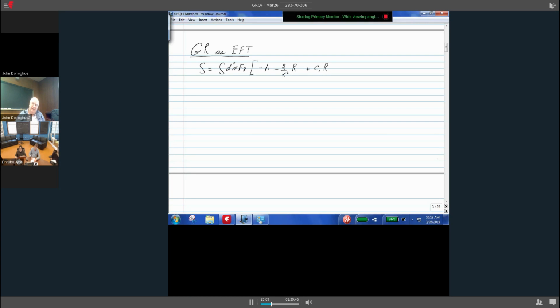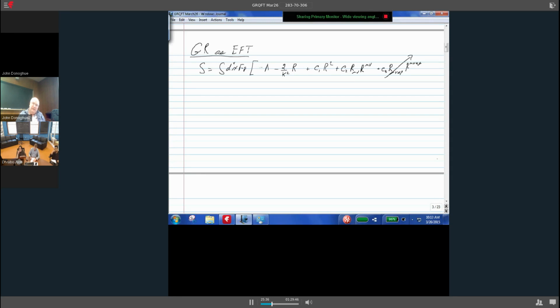There's the Einstein piece, which has two derivatives. Ordering this as an energy expansion, we would also then include four derivatives: c1 R squared plus c2 R_mu nu squared.